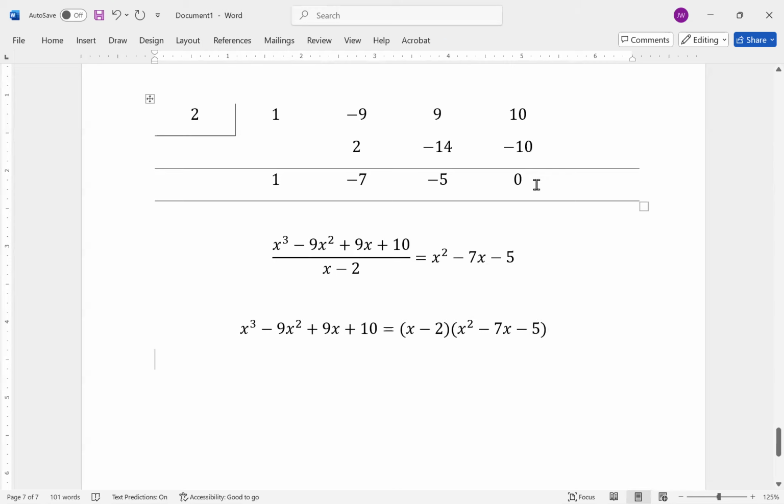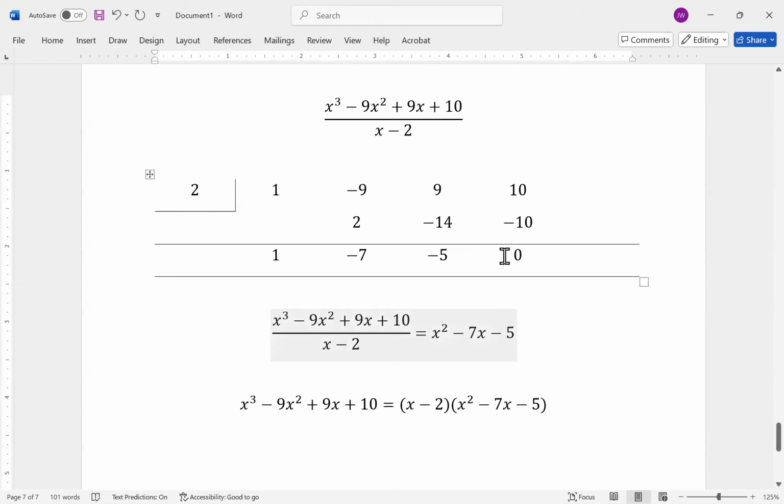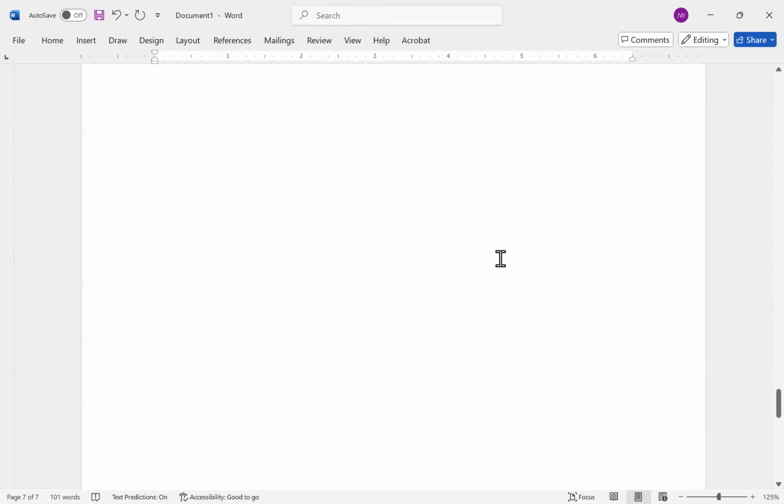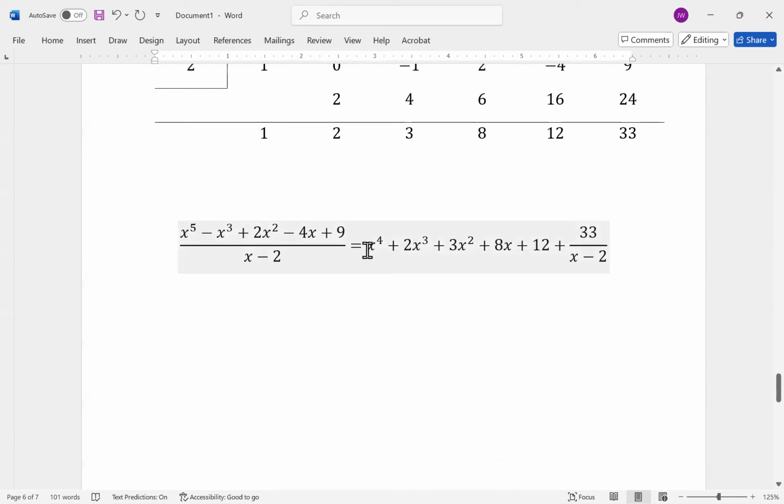That happens only because I got a 0 as a remainder. Technically, in my previous problem, I could have also said that. I could have said this whole thing multiplied by x minus 2 gives me this x to the fifth polynomial. But this is not a polynomial because I have a remainder.